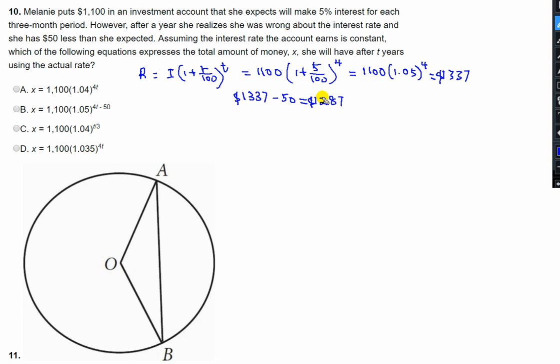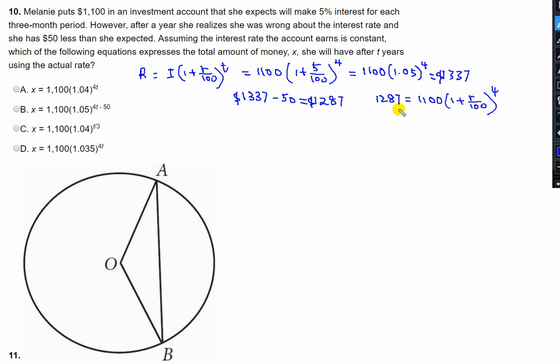That means the interest rate that he thinks he should get, 5%, is wrong. So what we're going to do is use this formula back. The return is 1287, the investment is still 1100, times 1 plus r over 100, to the power of T, where T is 4.